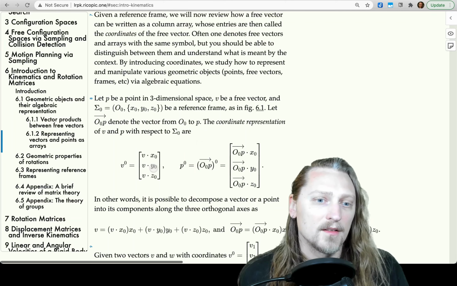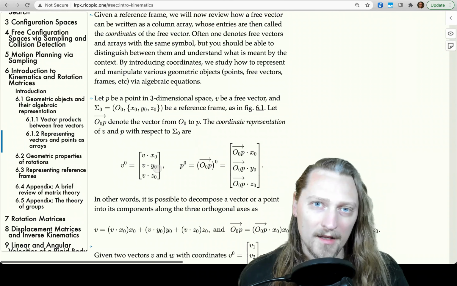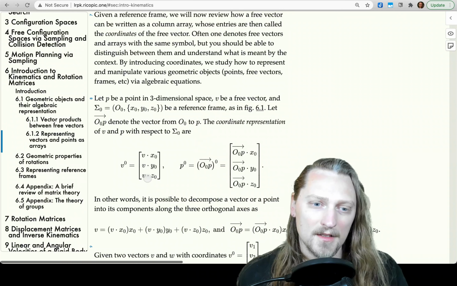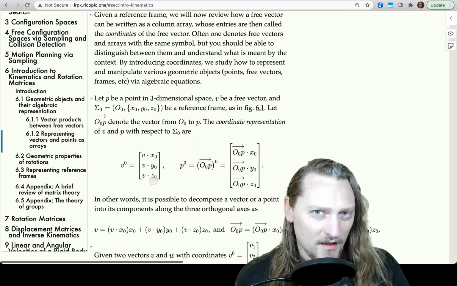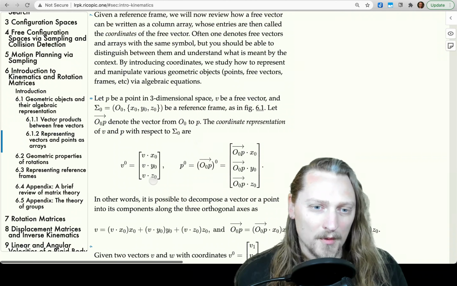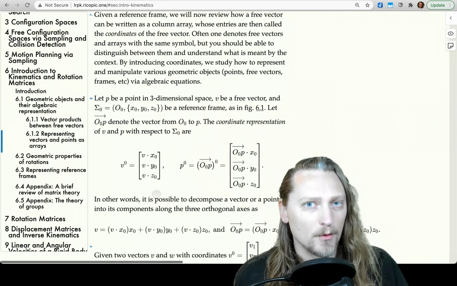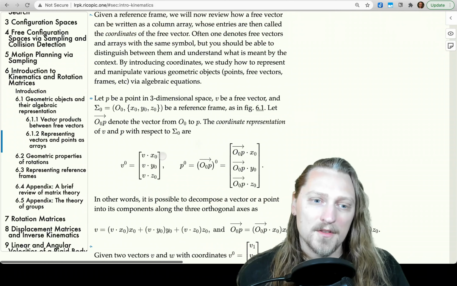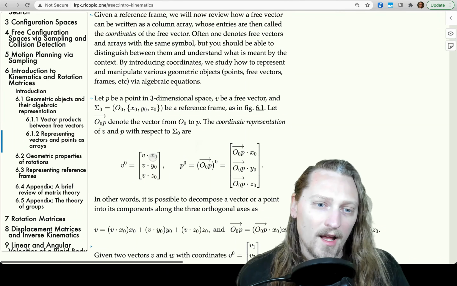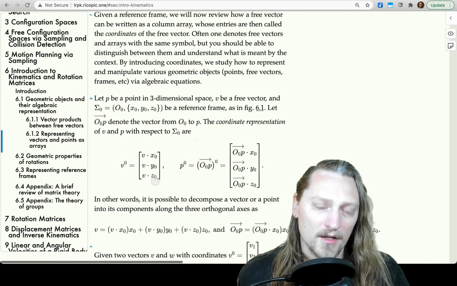V dot y naught is the vector dotted with the y unit vector, and v dot z naught is the vector dotted with the z unit vector, which is to say the first, second, and third components or entries in this array are the amount of v in the direction x, the amount of v in the direction y, and the amount of v in the direction z.